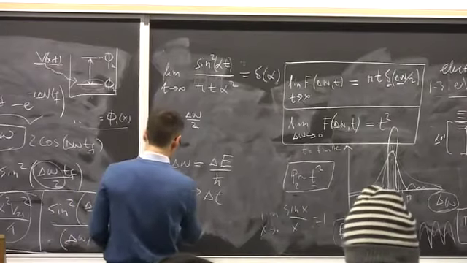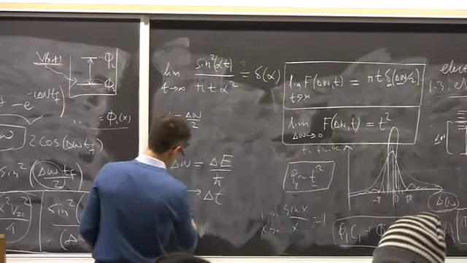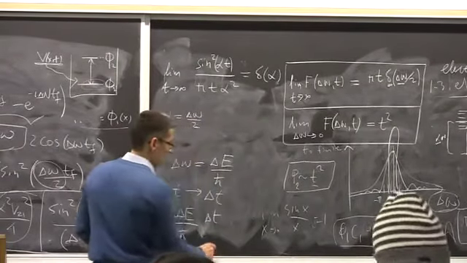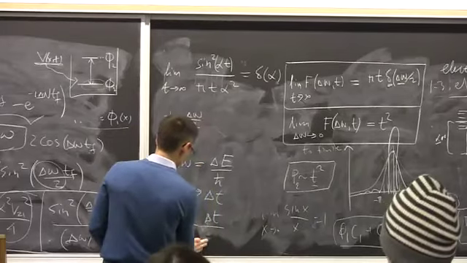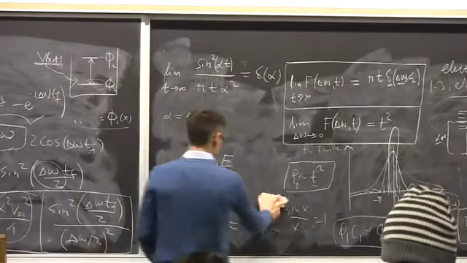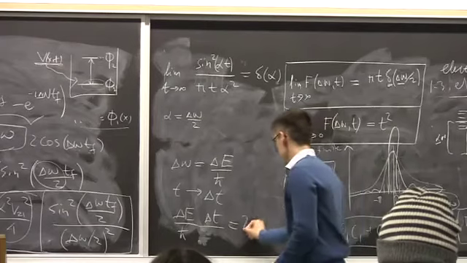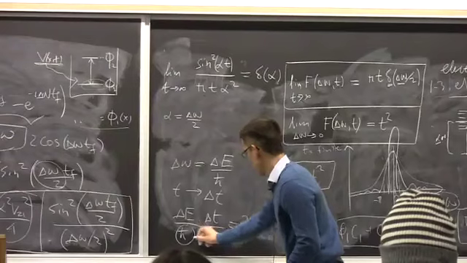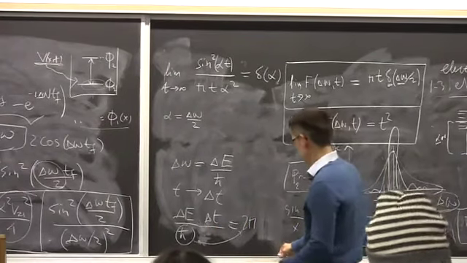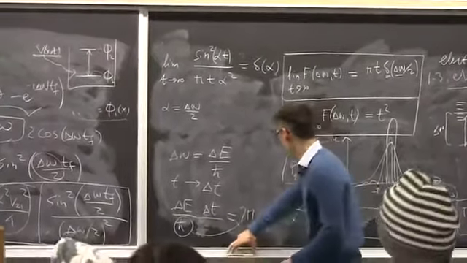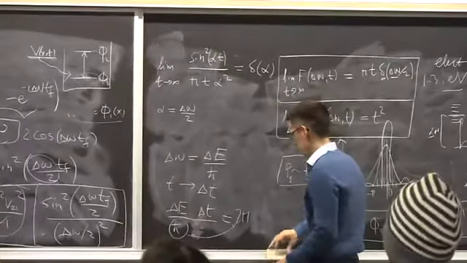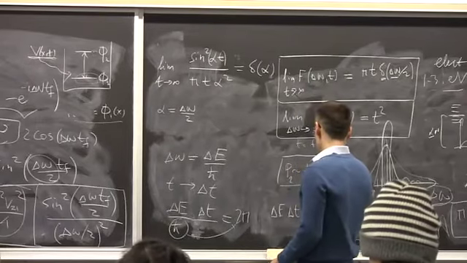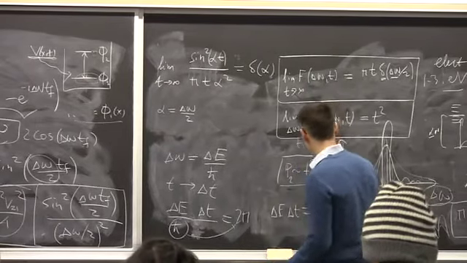So then we'll have delta E divided by h bar times delta t, and that whole thing equals 2 pi. Then h bar goes here, 2 pi times h bar, you will get just h. So delta E times delta t is equal to h.